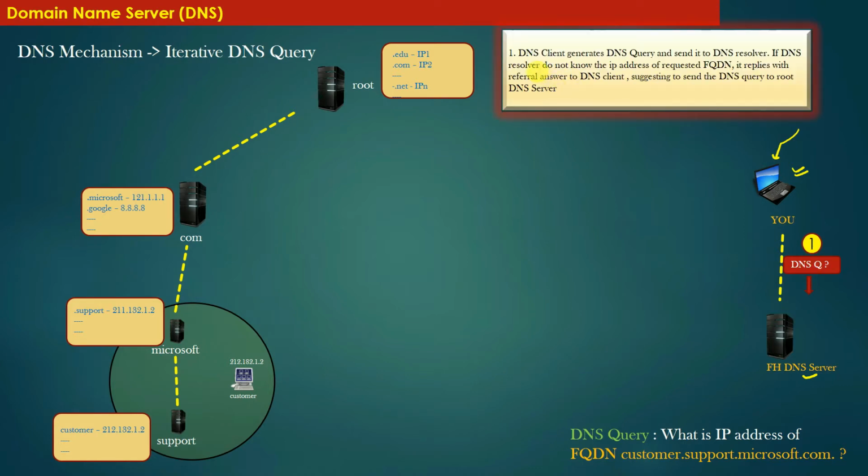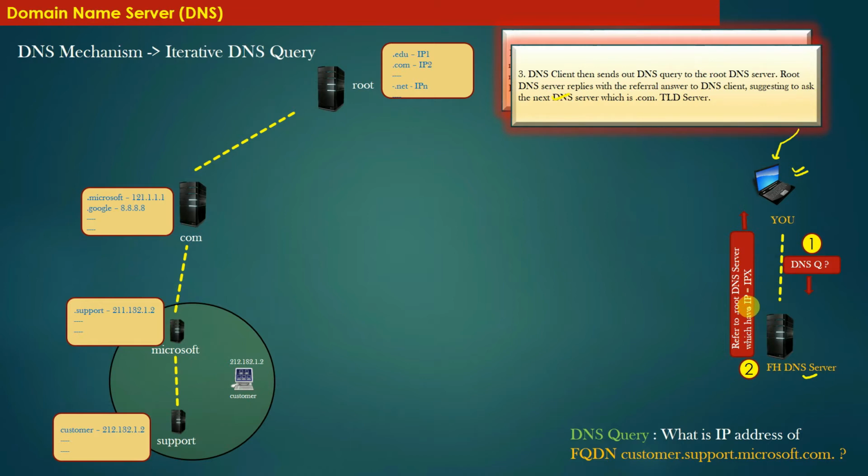As a first step, the DNS client generates the DNS query and sends it to the DNS resolver. If the DNS resolver does not know the IP address of the requested FQDN specified in the DNS query, the DNS resolver replies with a referral answer to the DNS client, suggesting to send the DNS query to the root DNS server instead. So in this case, your DNS resolver itself replies with the referral answer to the DNS client.